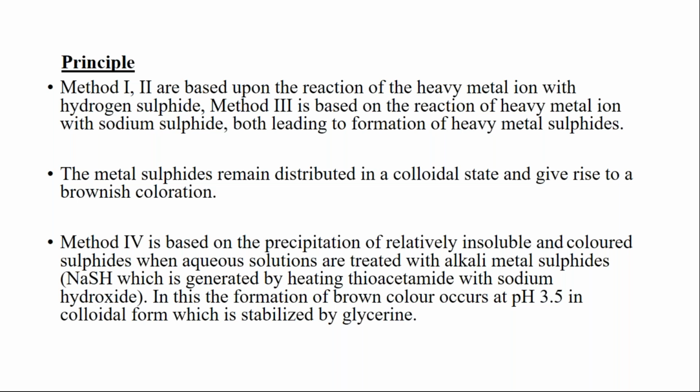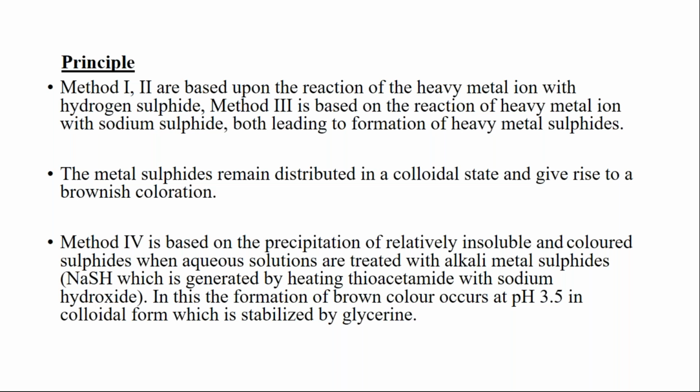Method 4 is different, wherein it is based on the precipitation of relatively insoluble and colored sulfides. As I said, under the chemicals required, we saw sodium hydrogen sulfide, and in the brackets I had written produced in situ, that is, it is produced within the reaction.